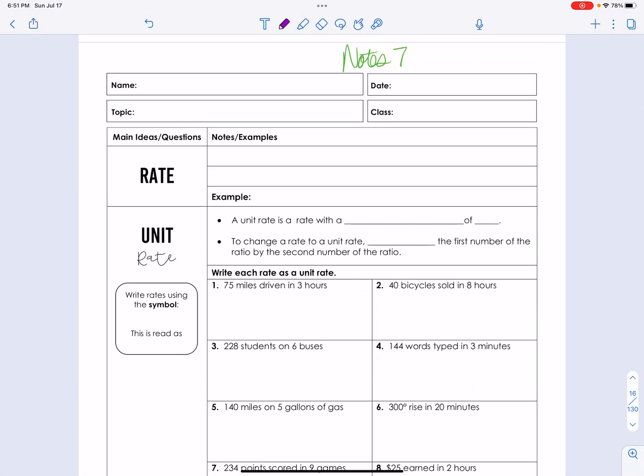So we're going to talk about rate. And rate is kind of like a ratio. It is a form of a ratio. It's a comparison of two quantities measured in different units.